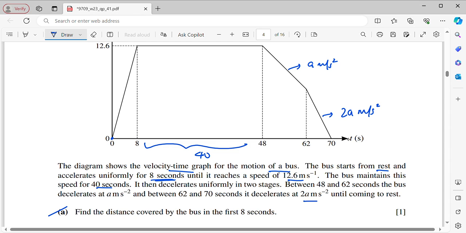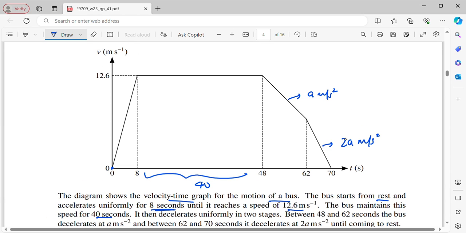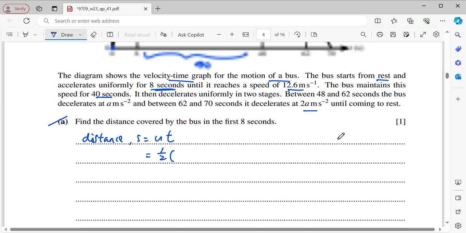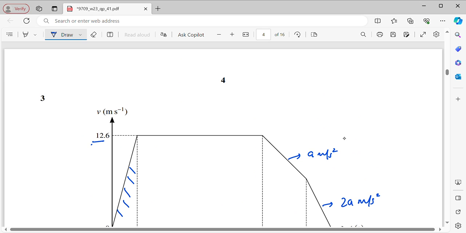Now A, find the distance covered by the bus in the first 8 seconds. So we need to find this. Let S be the distance. S equals half U times T. The U is given, which is 12.6.